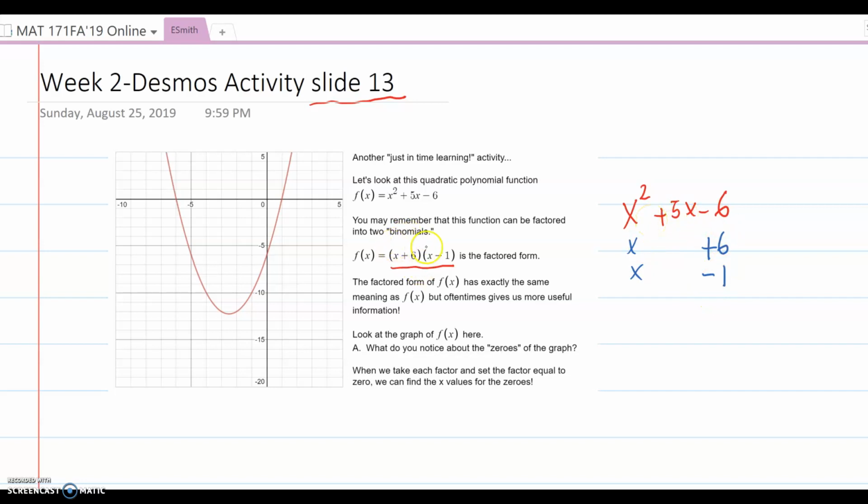So this should be the correct factorization. Before, it was written as x minus 6 and x plus 1. This was wrong, so I corrected that. This is the correct form now, so if you log in again, you will see this form there.